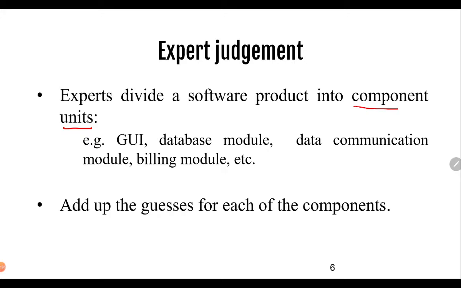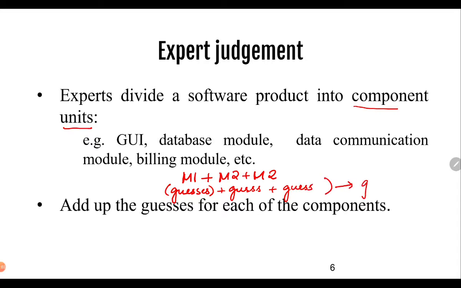For example, which is the user interface, what is the database module, what is the data communication module, what is the billing module, etc. After having so many modules and so many guesses about each of the modules, these guesses will be added up in order to give you the final guess or final planning process.